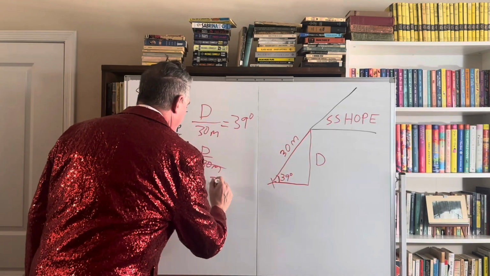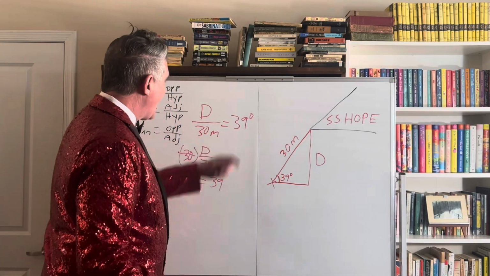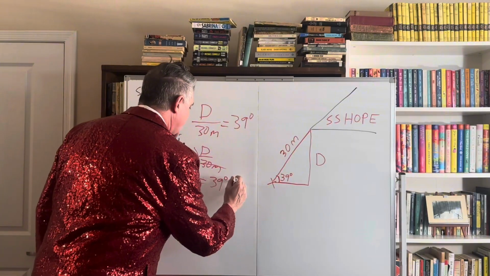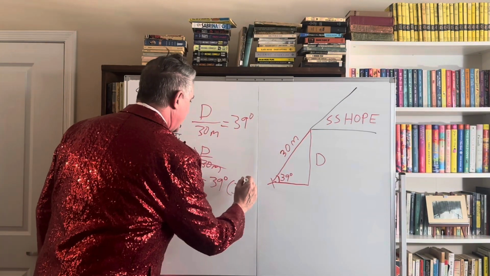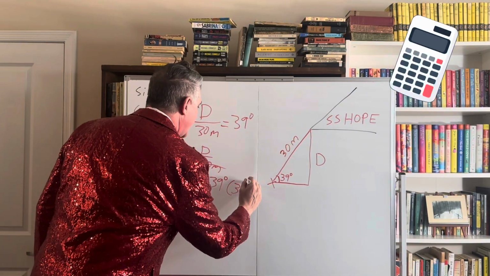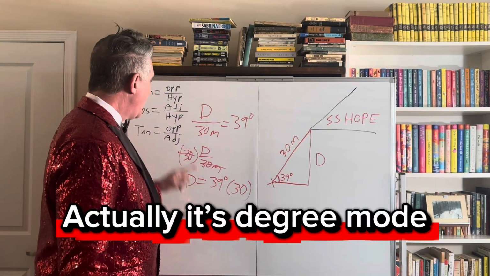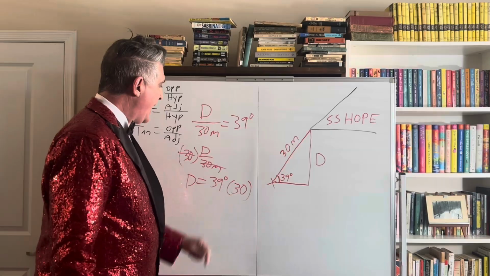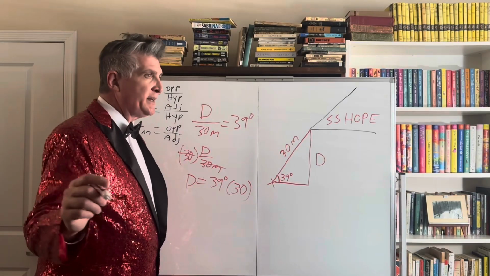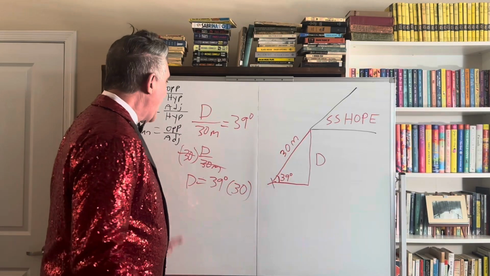Well, now we've got to multiply the 30 meters by the sine of 39 degrees over here, and that's going to be simple enough because all we're going to do, if you've got your handy-dandy calculators out, put them in degree mode and hit sine 39 degrees and then multiply by 30. And that is going to give us the decimal equivalent of that. I'm not going to go through that.